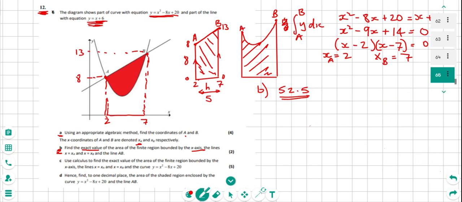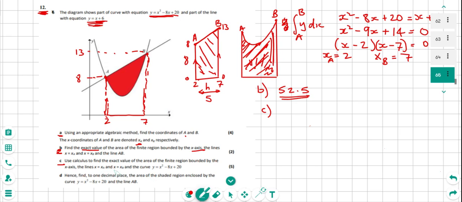So if we now look at part C, we've got to find the area under the curve between A and B. So bounded by the lines where x is equal to xa, so that's that dotted line again, and where x is equal to xb, so this dotted line. So it's this region here underneath the curve.